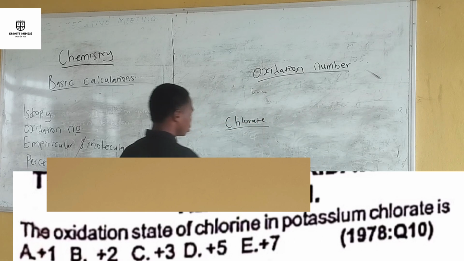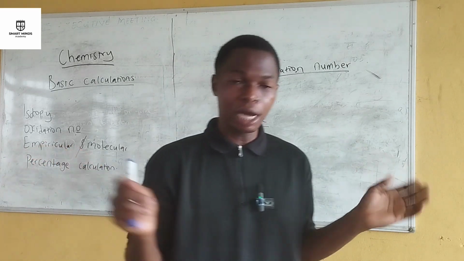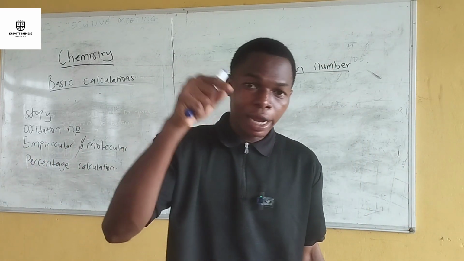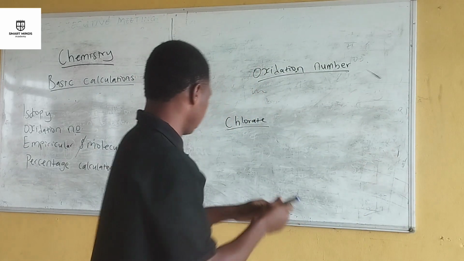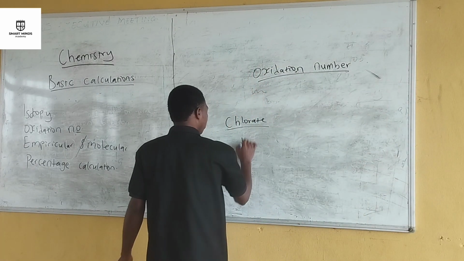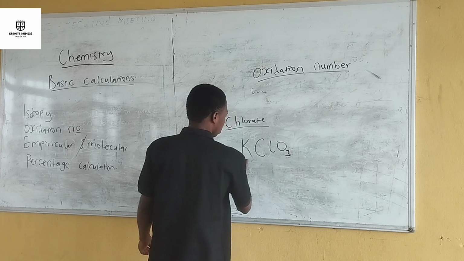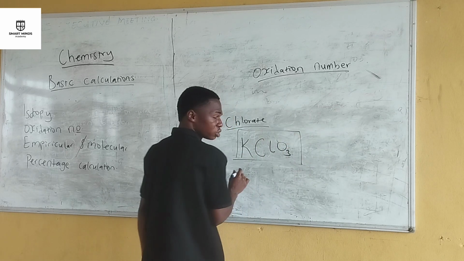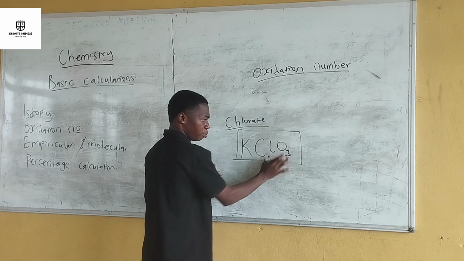That's just the question. Now, the issue here is, what is the formula for potassium chlorate? Now they say we should find the oxidation number of chlorine in this compound.